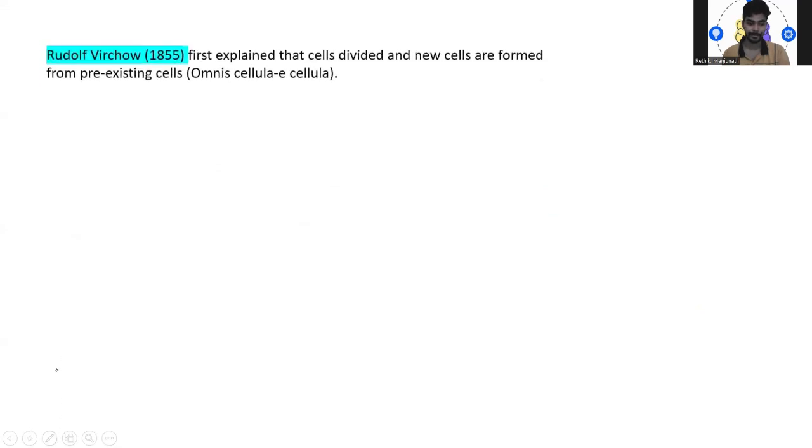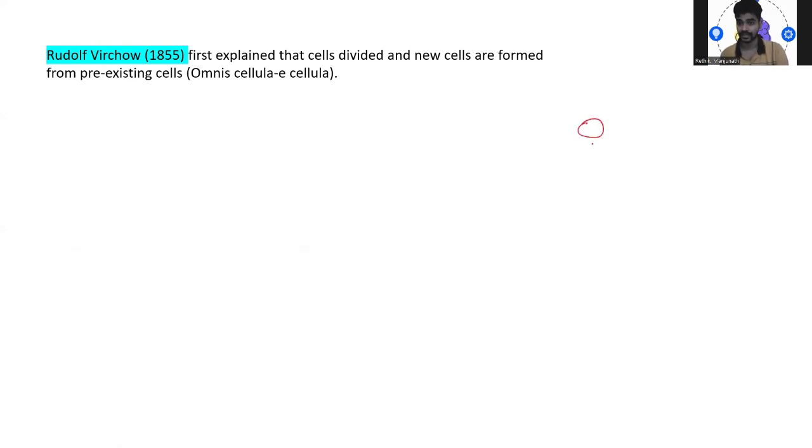Next, in 1855, Virchow gave the first explanation that the cell divides.